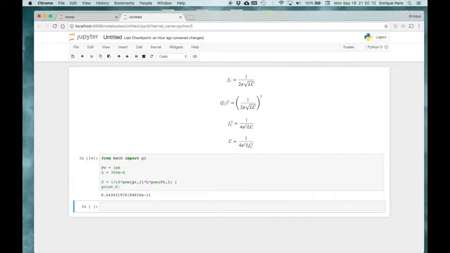And it comes out to 8.44 e negative 11, but if we adjust this into engineering notation, it will approximate to 84.4 picofarads.